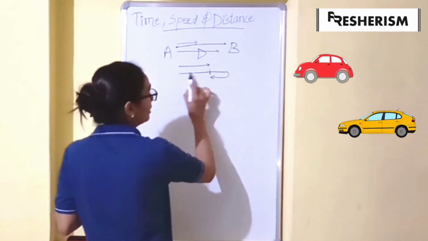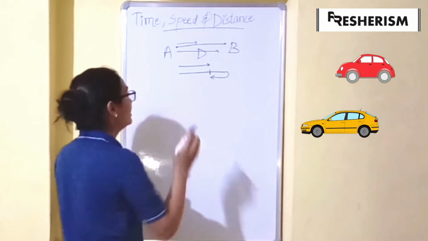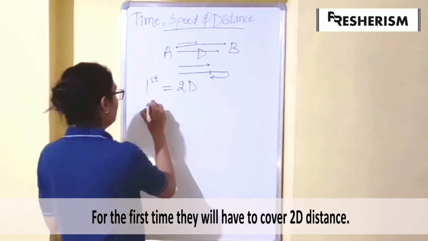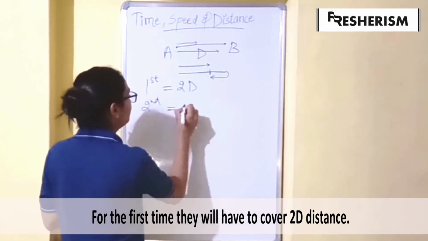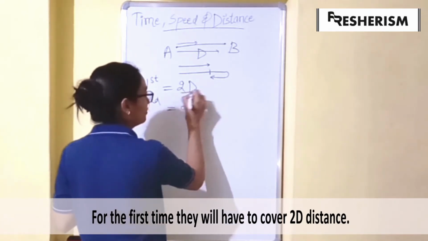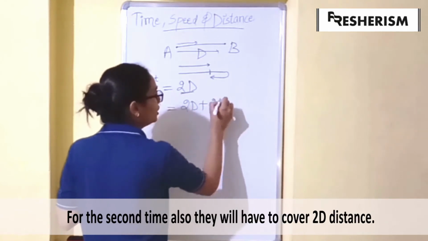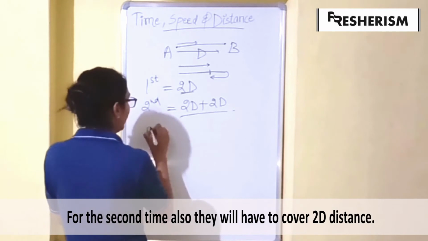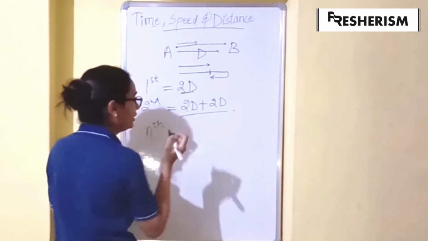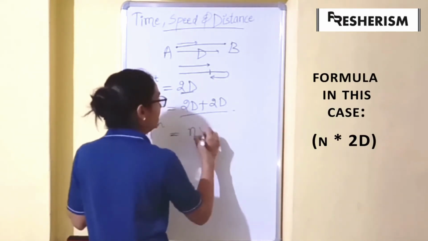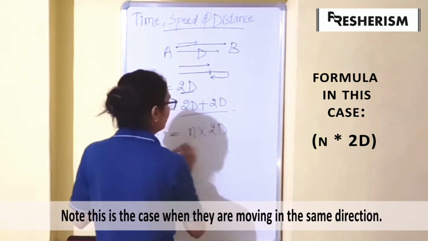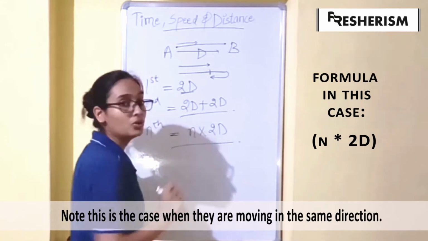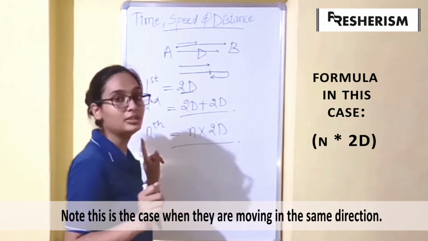So together they covered a total of 2d distance to meet for the first time. Similarly, for the second meeting, they will have to travel a total of 2d from the first one plus another 2d. So this way we get the formula for the nth meeting, which will be equal to n times 2d. So they will have to cover a total distance of n times 2d for their nth meeting.